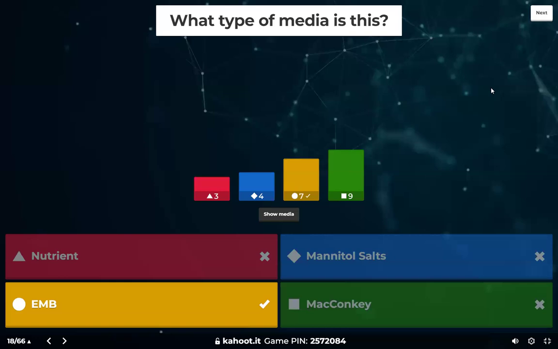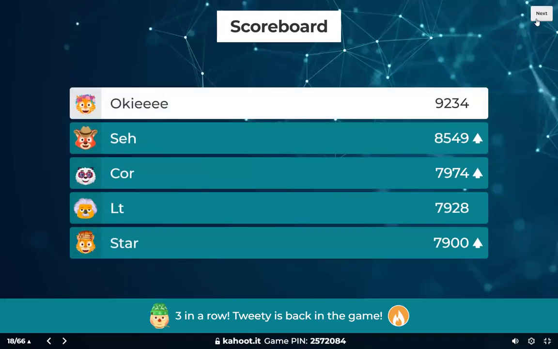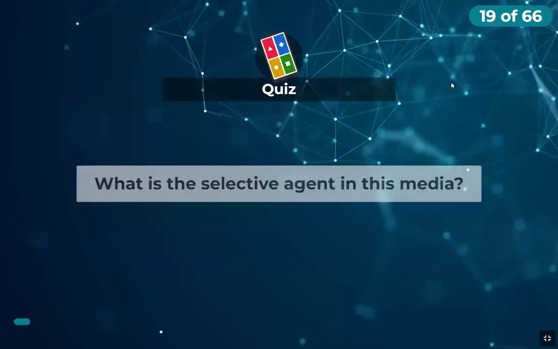Right, so this one is EMB, eosin methylene blue, which is our selective agent in this as well, because it's selective and differential. So it's selective because we have the EMB that inhibits gram-positives, and it's differential because we can tell for lactose usage. If it uses lactose, it turns pink. If it aggressively uses that lactose, it turns metallic green. So that was showing that metallic green. This is the only media that does that, so that metallic green was the giveaway. If the dark color didn't give it away for you.